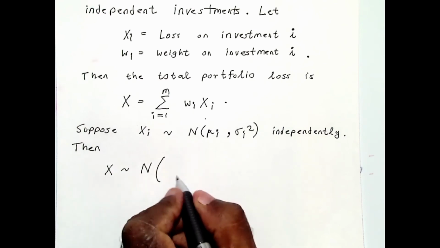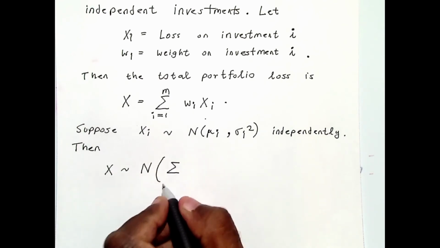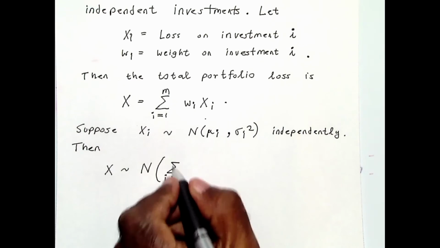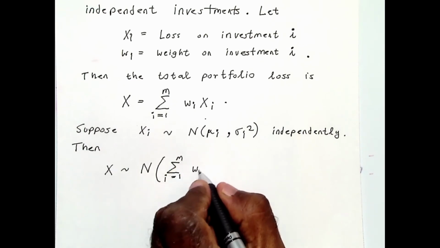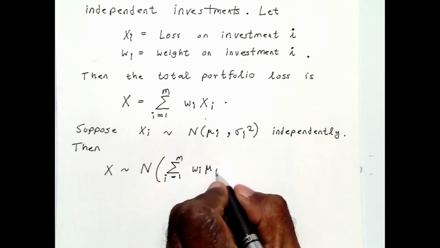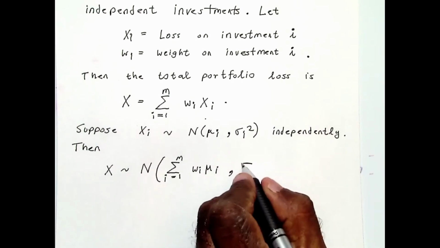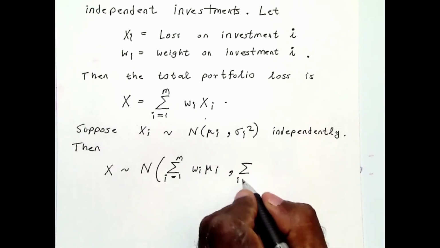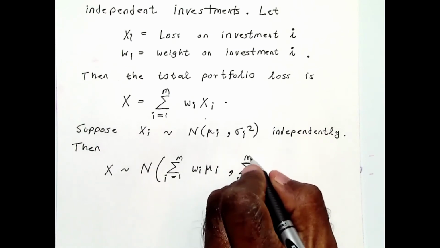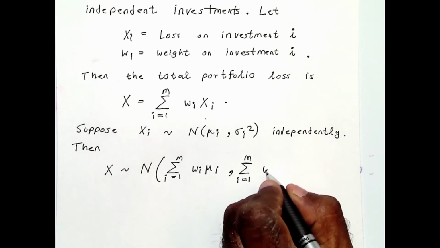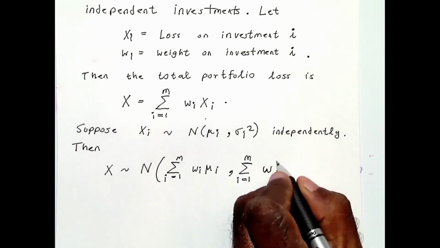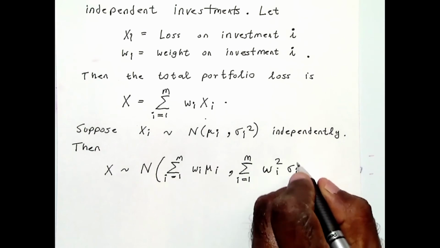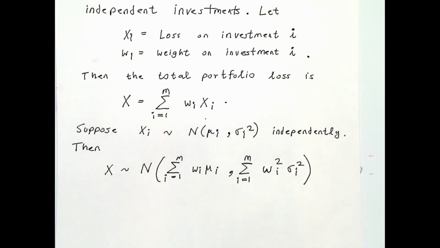So this has a normal distribution with the mean parameter equal to this, and the variance parameter equal to this. All right.